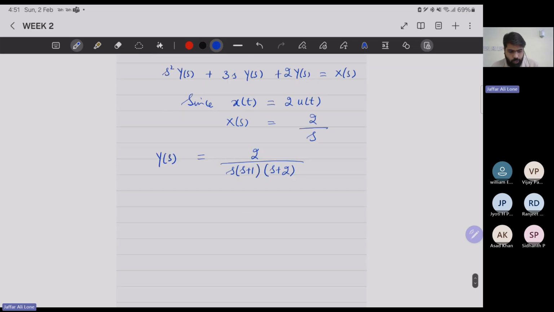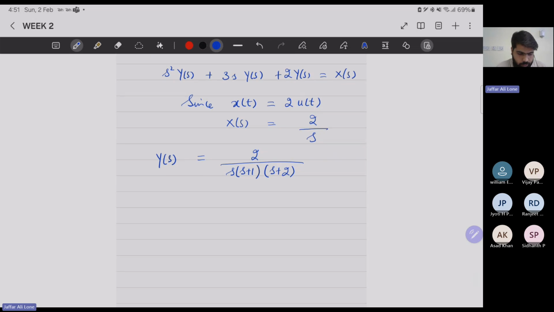Now, since we have to find the inverse Laplace of this, again we will go for partial fractions. So 2 over s into (s plus 1) into (s plus 2) is equal to a1 over s plus a2 over (s plus 1) plus a3 over (s plus 2).